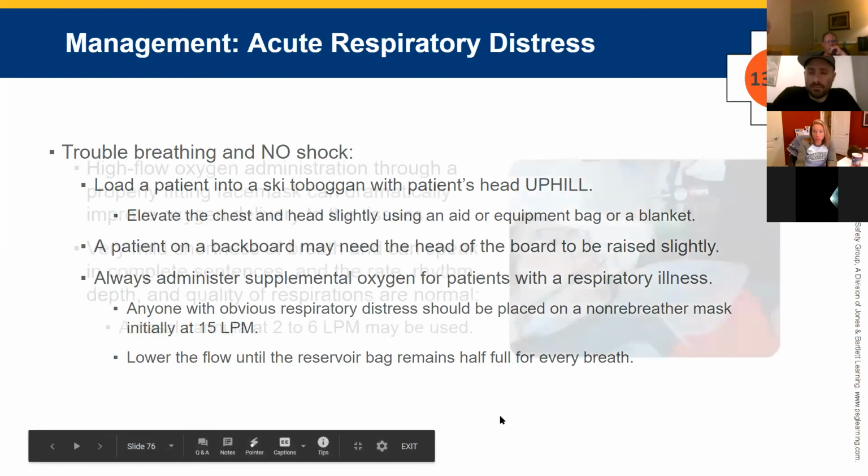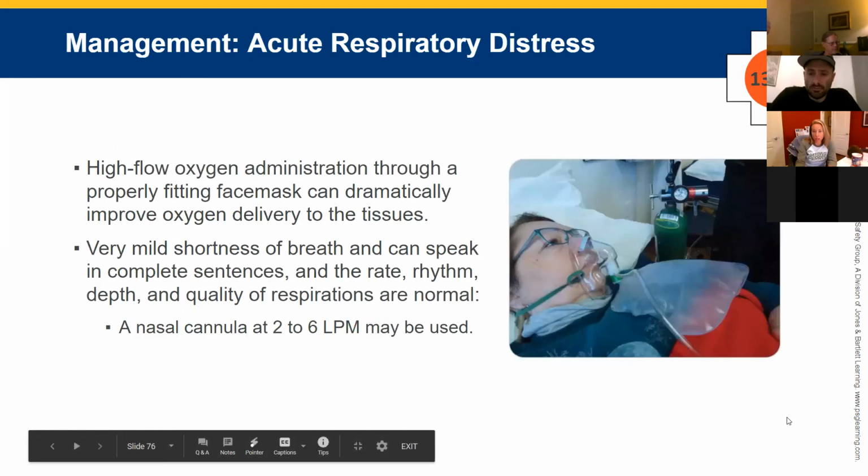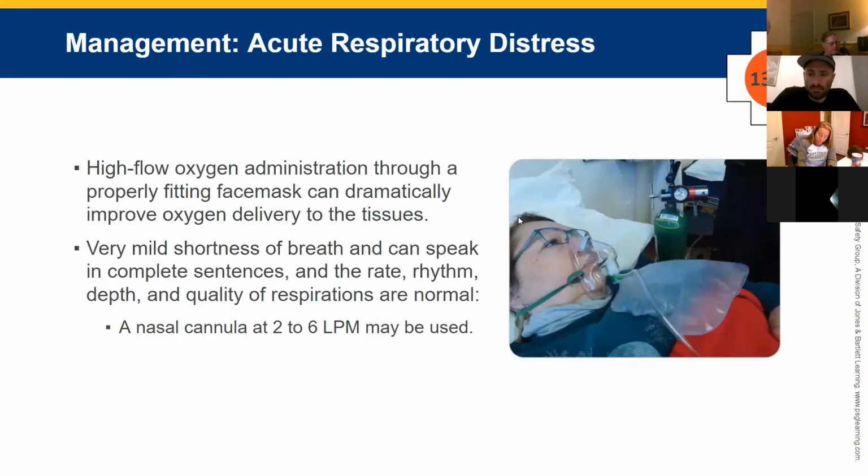So if they've had head trauma though, would we go with uphill as opposed to downhill just for the pressure in the brain? That's, God, I mean, if someone has head trauma on the hill, I don't know if we'll get into that. Balancing that, I honestly don't know what call I would make.